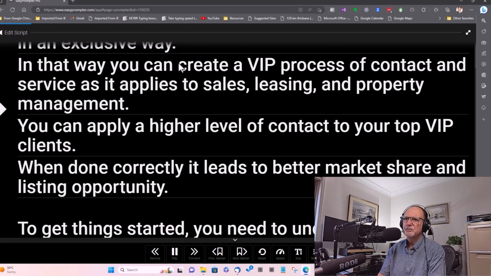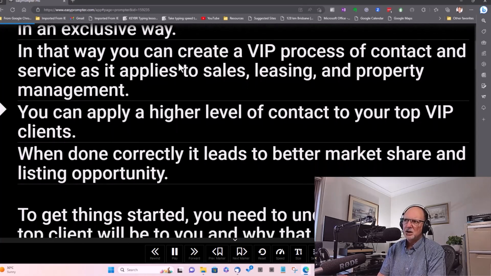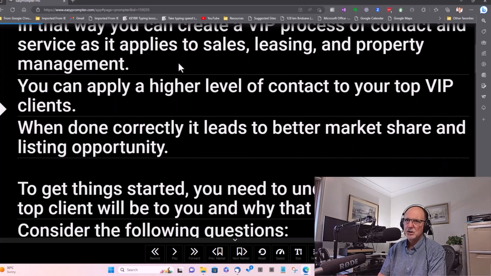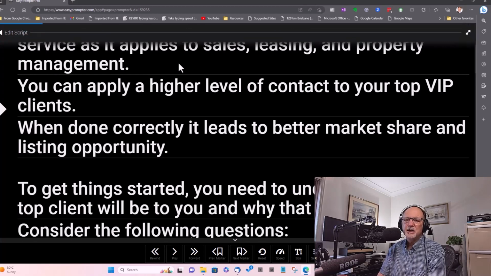Let's go further. You can apply a higher level of contact to your top VIP clients. Find out what they need, what they want, what property types they prefer, what zones or precincts they like, and then keep an eye out. When you work your VIP clients comprehensively and deeply, you actually create off-market transactions, and that's really what you want.